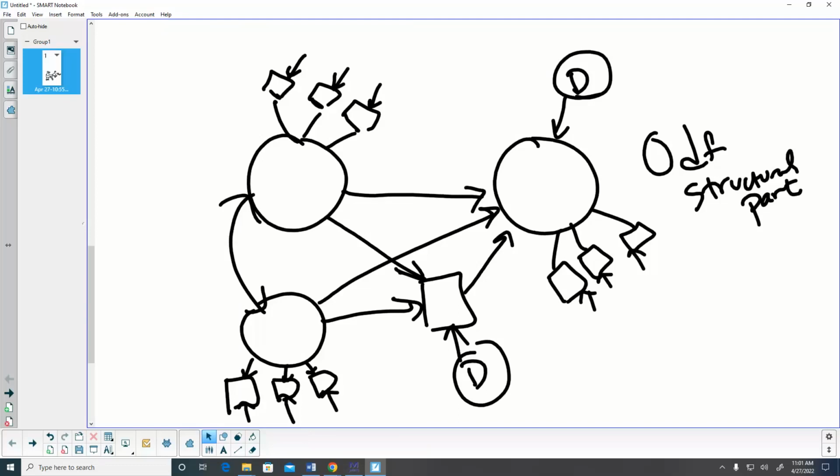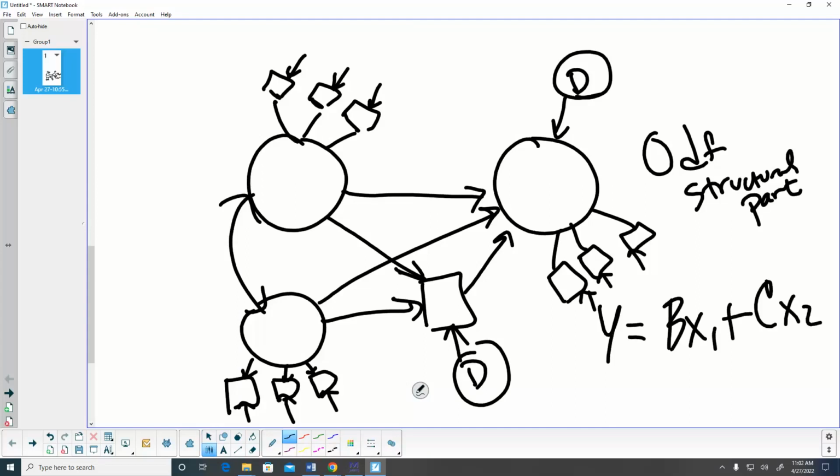So if it says something like y equals bx1 plus cx2 plus dy, let's say that's the residual, these are always paths, right?